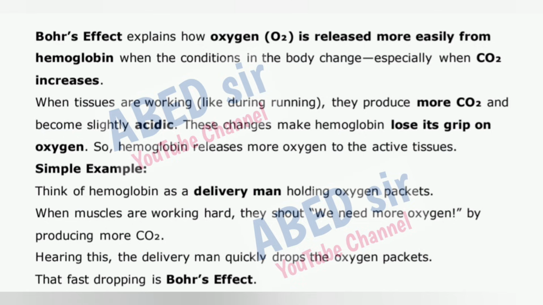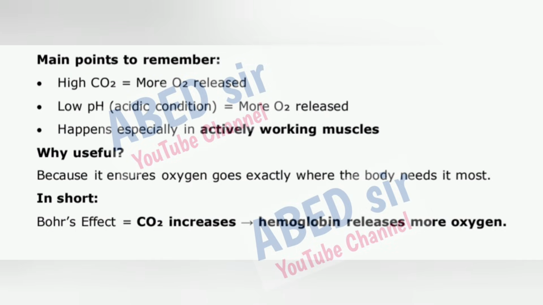Simple example. Think of hemoglobin as a delivery man holding oxygen packets. When muscles are working hard, they shout, "We need more oxygen," by producing more CO2. Hearing this, the delivery man quickly drops the oxygen packets. That fast dropping is Bohr's effect. Main points to remember.